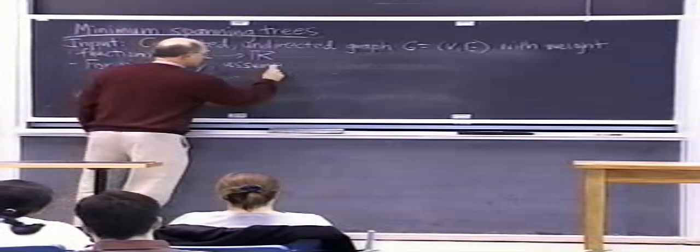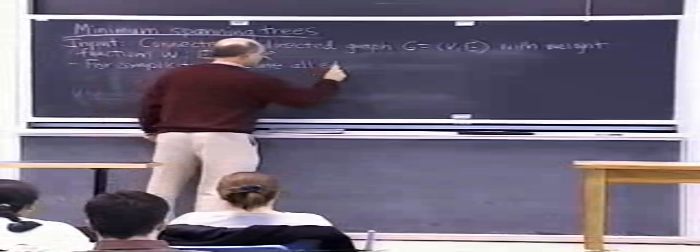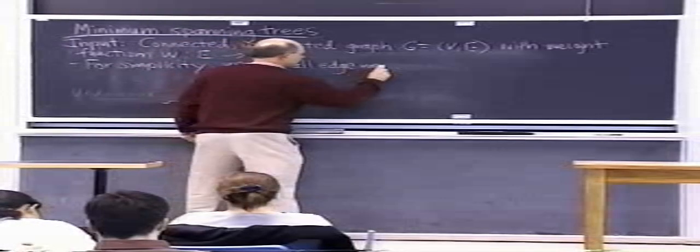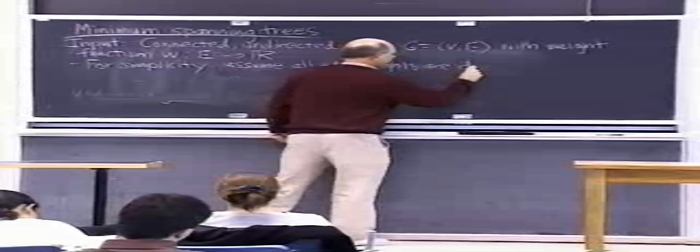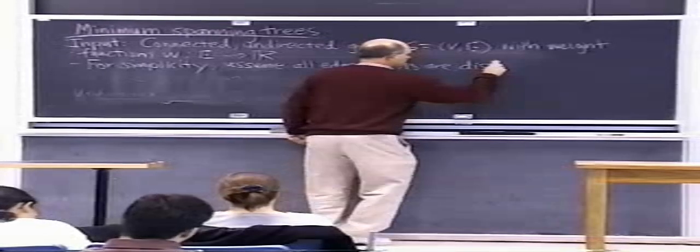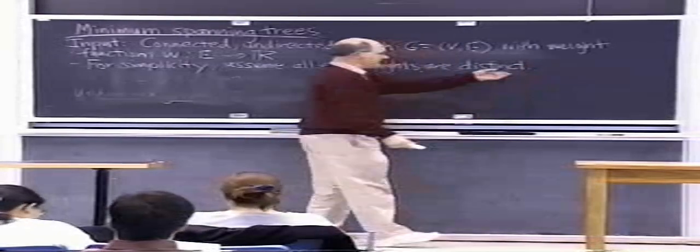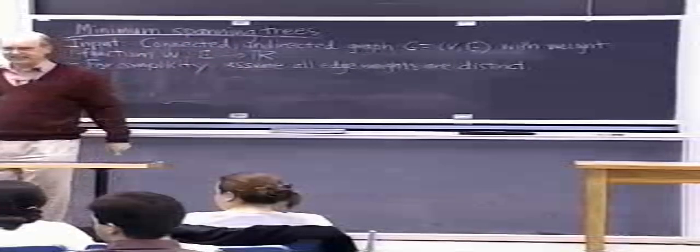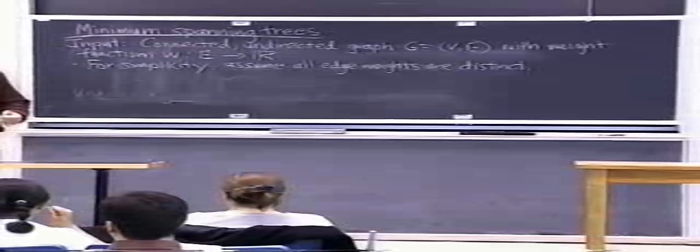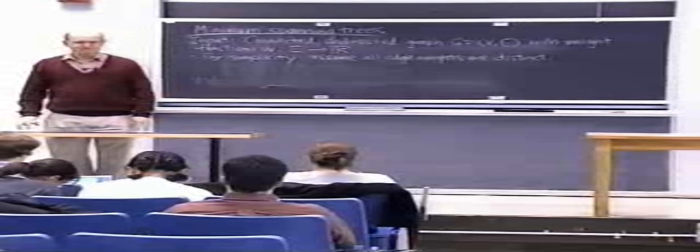We're going to assume that all edge weights are distinct. In other words, they're all different from each other. There are no two edges that have exactly the same weight. And that will allow us not to worry about breaking ties in our code and in our theorems that we're going to prove today.